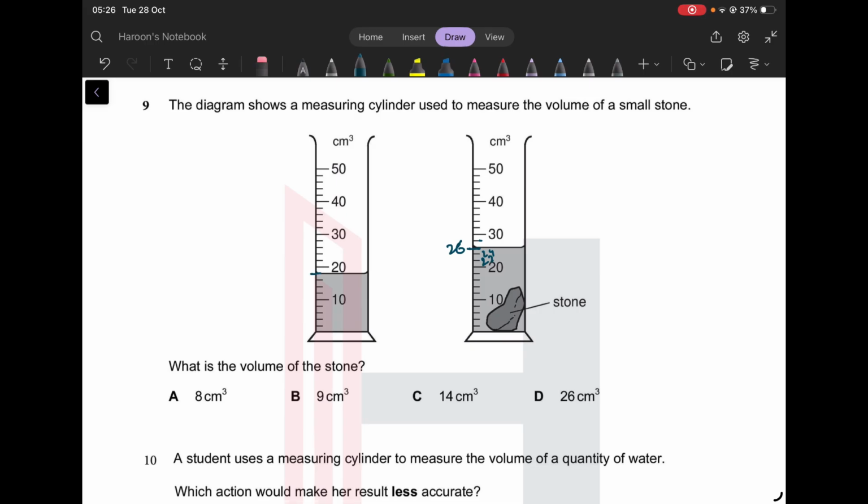And I'm one line below 20, so this should actually be 18. I just need to do V2 minus V1. This is my V2 and this is my V1. So 26 minus 18, that should give me 8. So cubic centimeter, because you can see the unit over here, A has to be the correct answer.